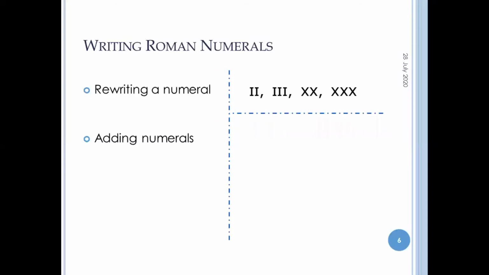And this is the same for other numerals, adding the values. In adding values of the Roman numerals, a smaller value numeral is written on the right-hand side of a larger value numeral, like in the case of the numbers 11, 115, 660.